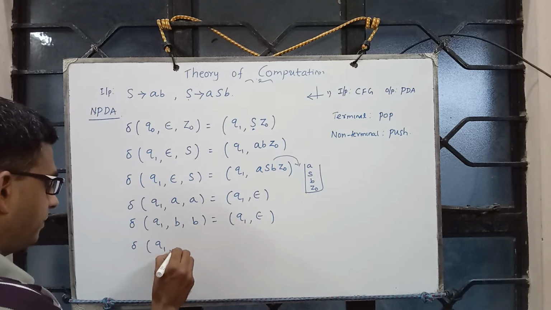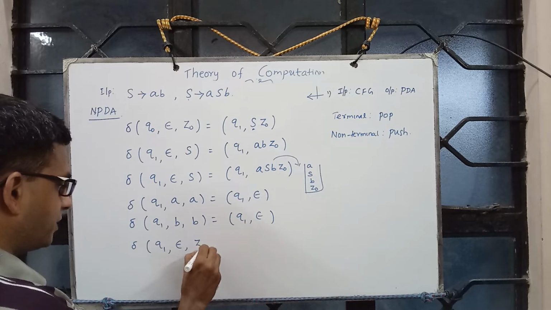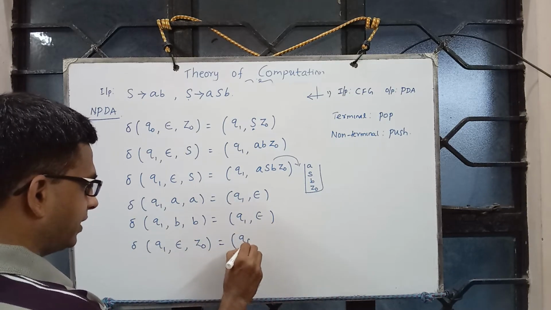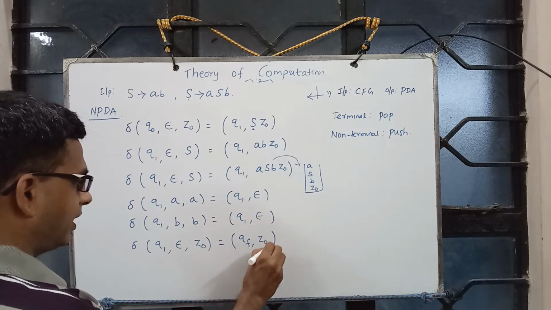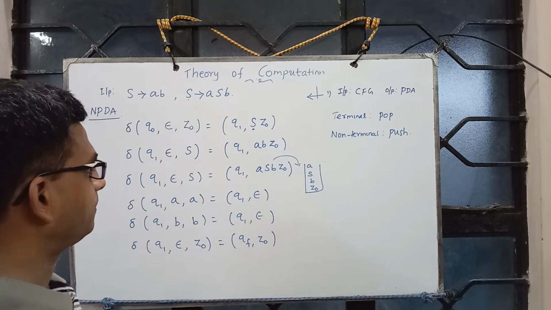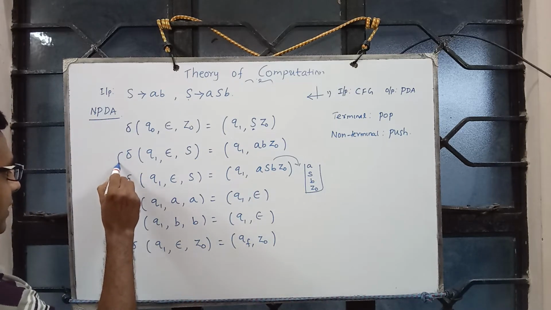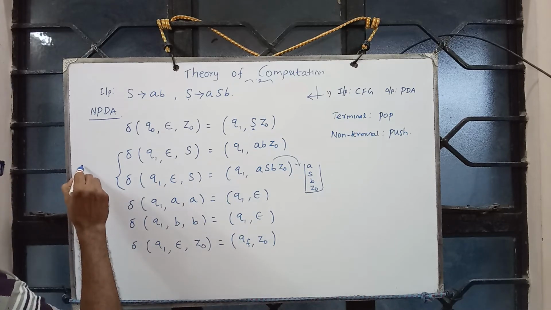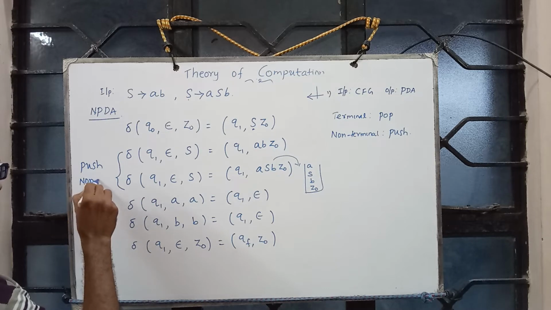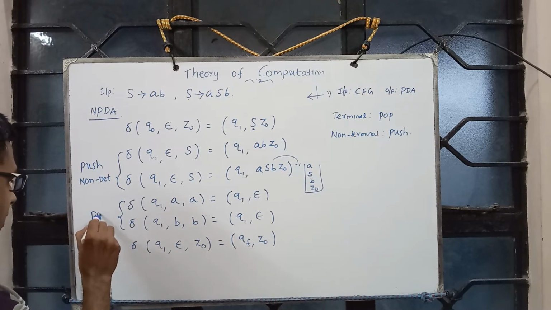You are at Q1, you have exhausted the input, top symbol is Z0. In that case, you reach the final state and stop. Or you can also empty the stack. Now, this part clearly tells you it is push, of course, and most importantly, non-determinism. This one is pop.